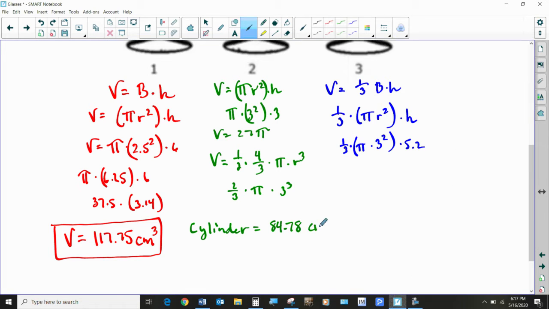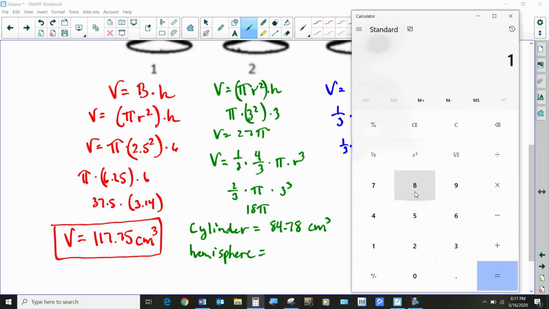84.78 cubic centimeters. And now for the hemisphere part, we're going to take 2/3 of pi times 27. So what's 2/3 of 27? Isn't that 18? So this is going to be 18 pi. So the hemisphere portion is going to be whatever 18 times pi is.